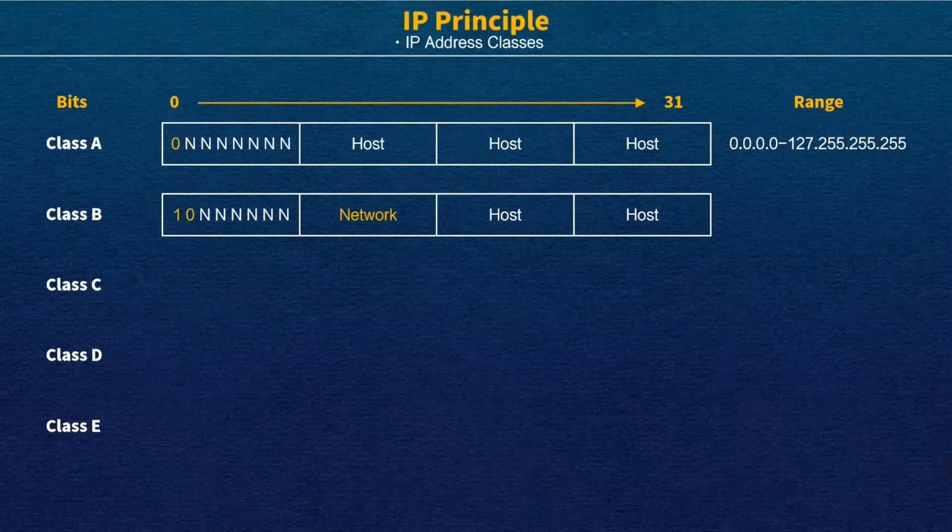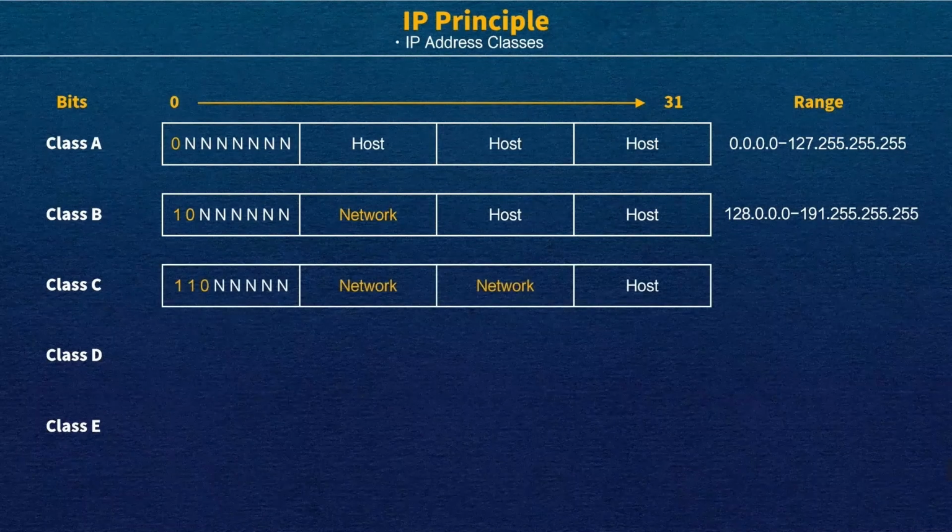The smallest one means except the fixed 1 and 0, all the rest become 0. And the biggest one means except for the first 2 bits, all of them become 1. So the range will become 128.0.0.0 to 191.255.255.255. So this is class B.